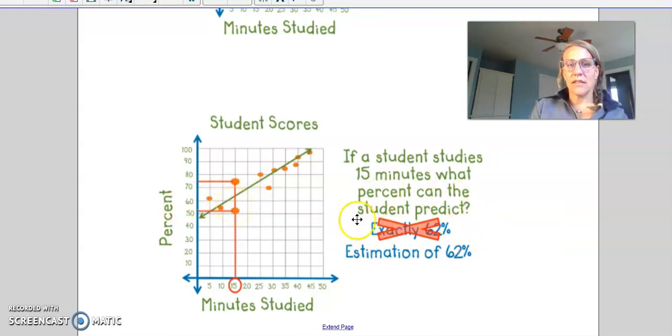And notice this is a mistake that a lot of people make, and I've been talking about this a lot along the way. Remember, this is a prediction. It is not exact. It's an estimate. So it should be somewhere within this range here because our data is within that range.